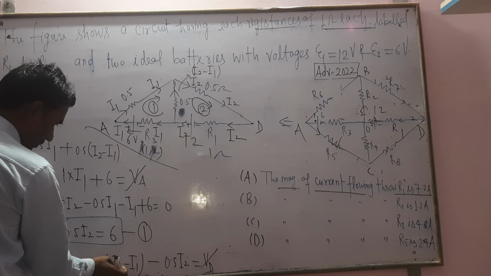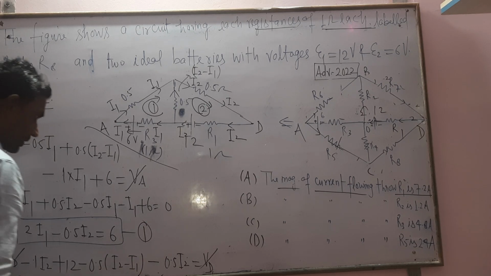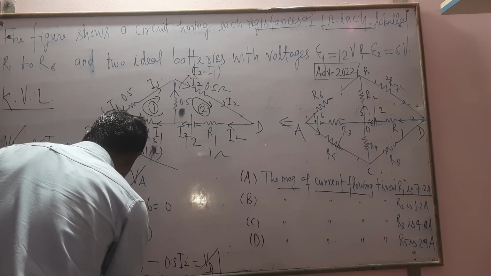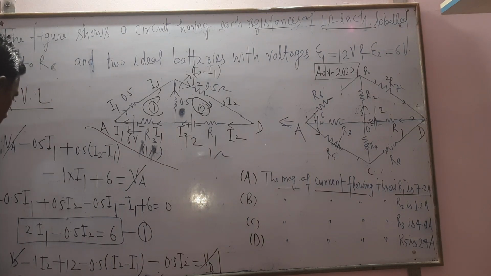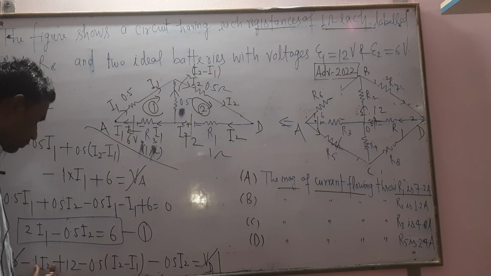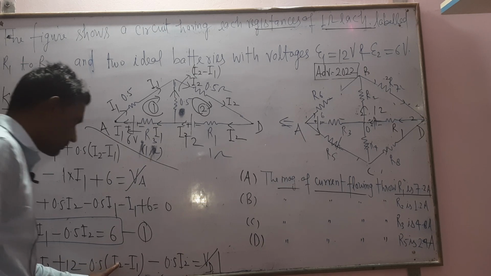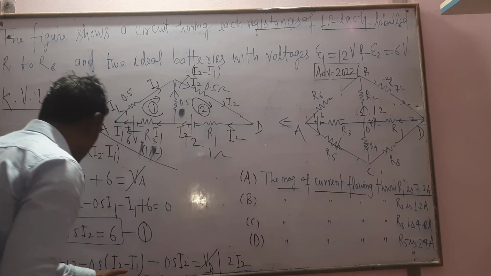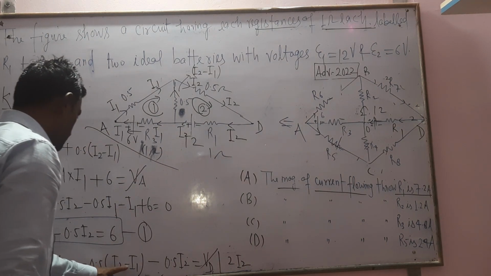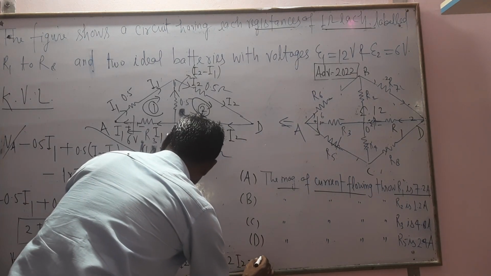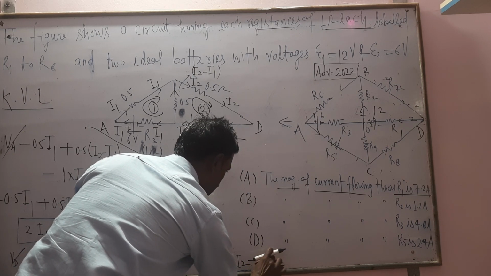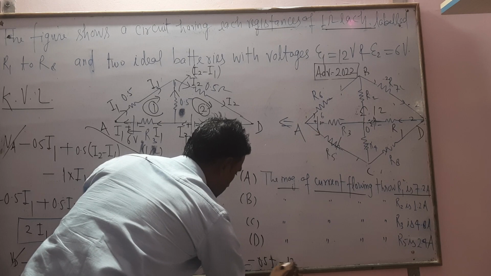Similarly, we have 0.5 I1, plus 12 volt. Simplifying the 0.5 I2 terms, we get 2 I2 minus 0.5 into I1 equals 12 volt.